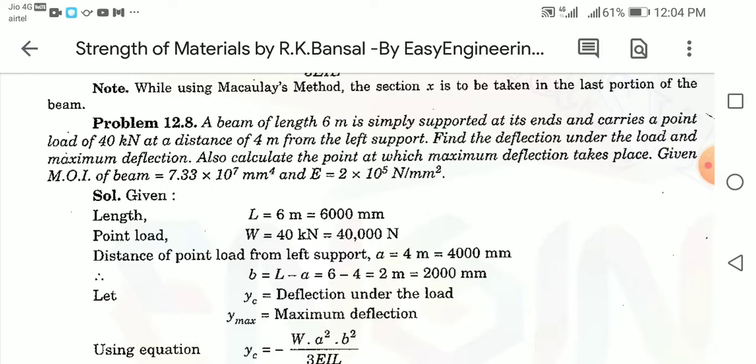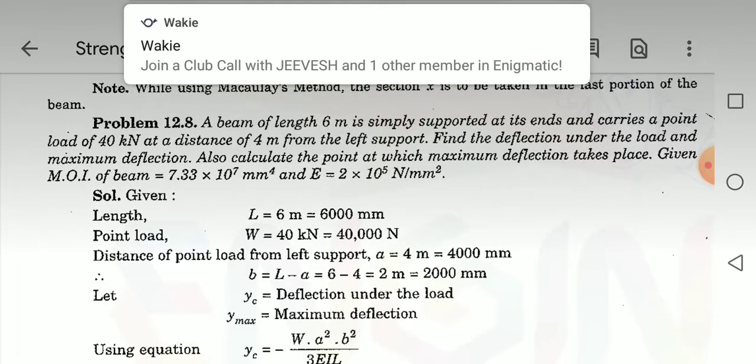So the distance from the left support to the load, that is 4 meter, is considered as A. So the total length is L, that is 6000 mm, that is 6 meter. So L minus A is B, the distance from the load to the right support, that is 6 minus 4, which is considered as B, so 2000 mm.